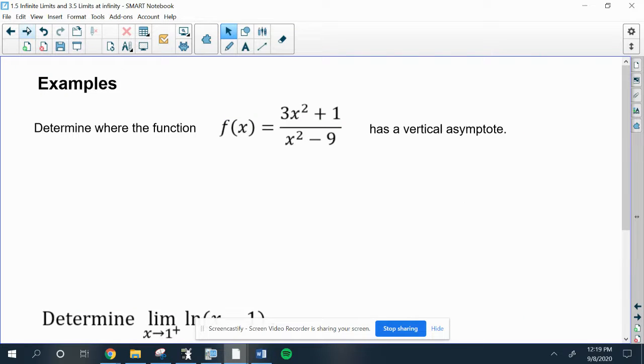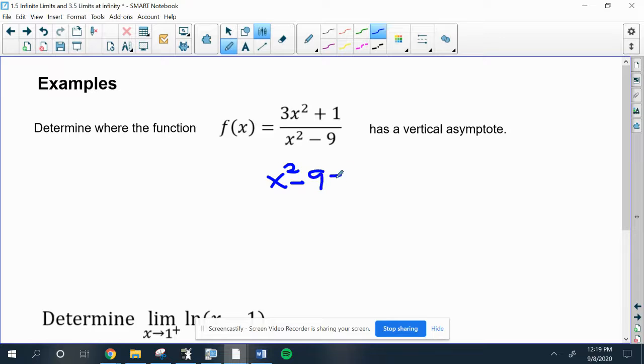So here are some examples. The first one is determine where this function has a vertical asymptote. So what you want to do is figure out where the bottom is 0. Since the bottom is x squared minus 9, x squared minus 9 equals 0 when x is plus or minus the square root of 9, or plus or minus 3.